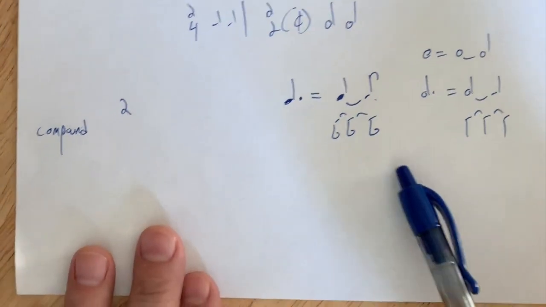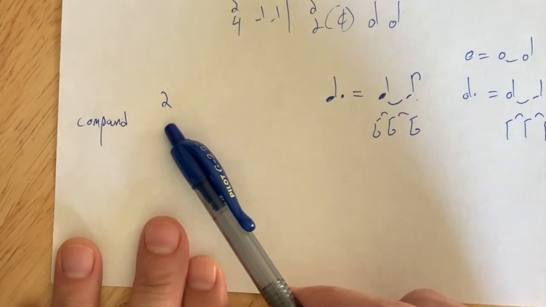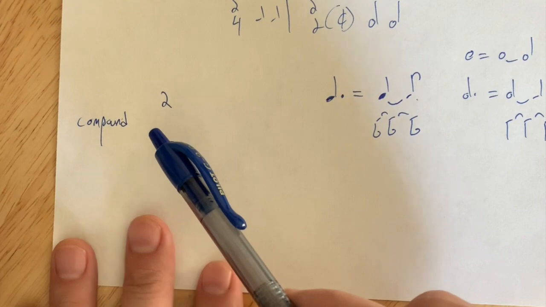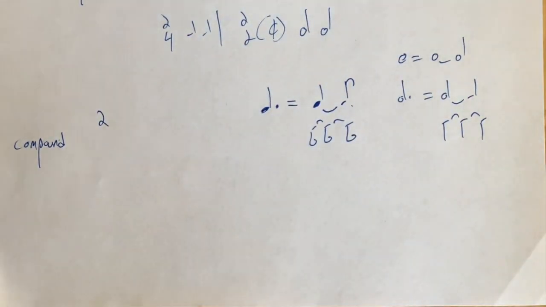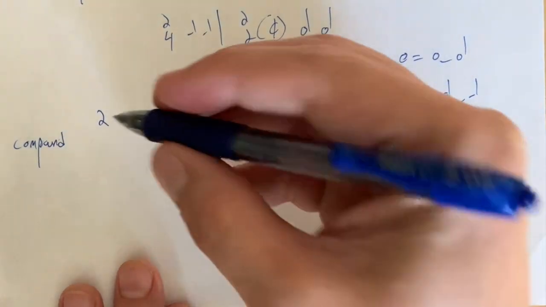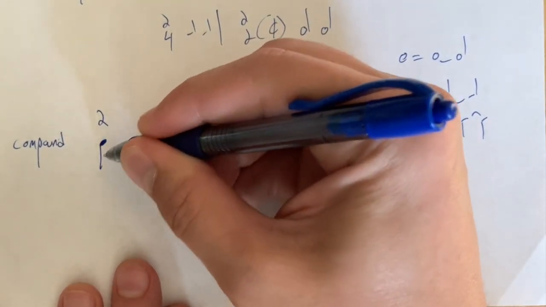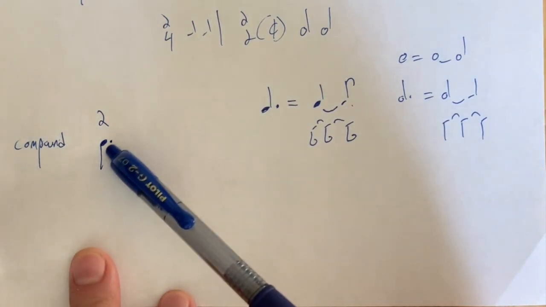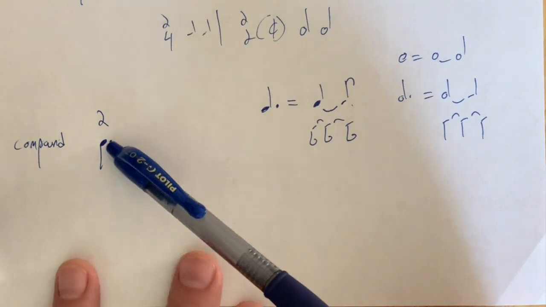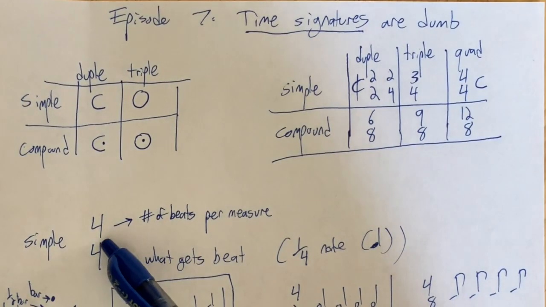So if we wanted to do this, there's not a number that we can use as the denominator of a fraction that describes a dotted quarter note. There was a time in the 1960s when people started writing a duple compound meter like this, where they would literally write a quarter note with a dot on it. And that way you got to follow kind of the same rule.